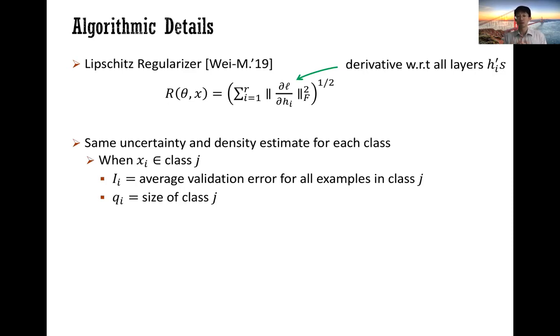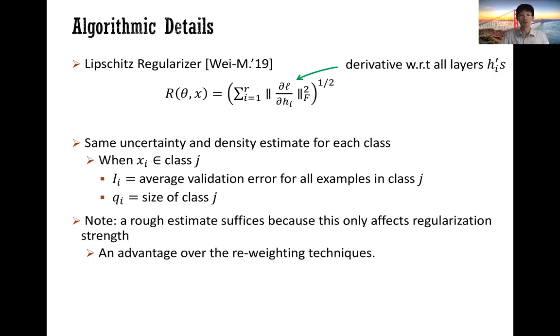However, here we are doing a lot of approximations to reduce it to the validation error, which is an easier quantity for us to estimate. I can imagine that there are other ways to estimate uncertainty in the future. And Qi is just the size of the class, the number of examples in the class, because Qi is supposed to measure the frequency of the example. And then after you have these two quantities, you just compute the lambda I.